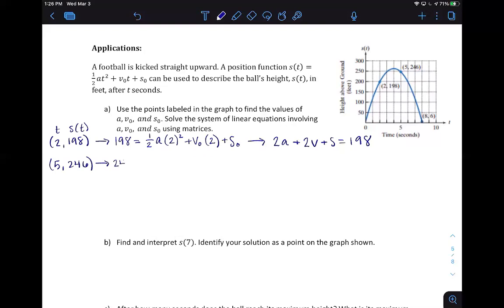So we have 246 equals half of a times 5 squared plus v sub 0 times 5 plus s sub 0. All right, what's 5 squared? 25. And we can't really do 25 divided by 2, so let's just leave it. 25 halves a plus 5v plus s equals 246.